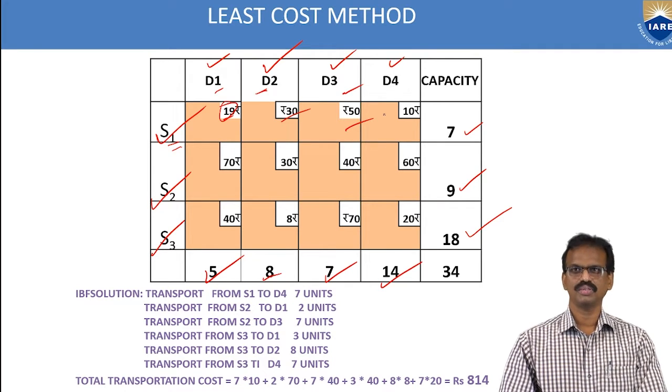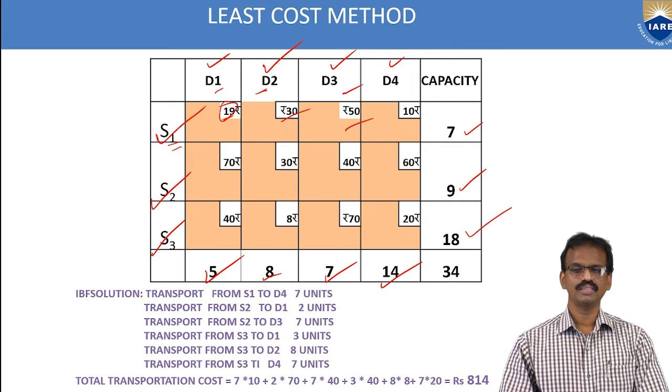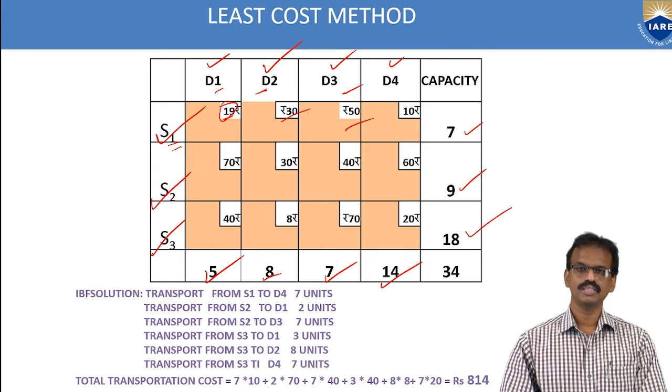These are the shipping costs. If you know these three things, you can go for solving any transportation model. Now we'll solve the transportation model by the least cost method.